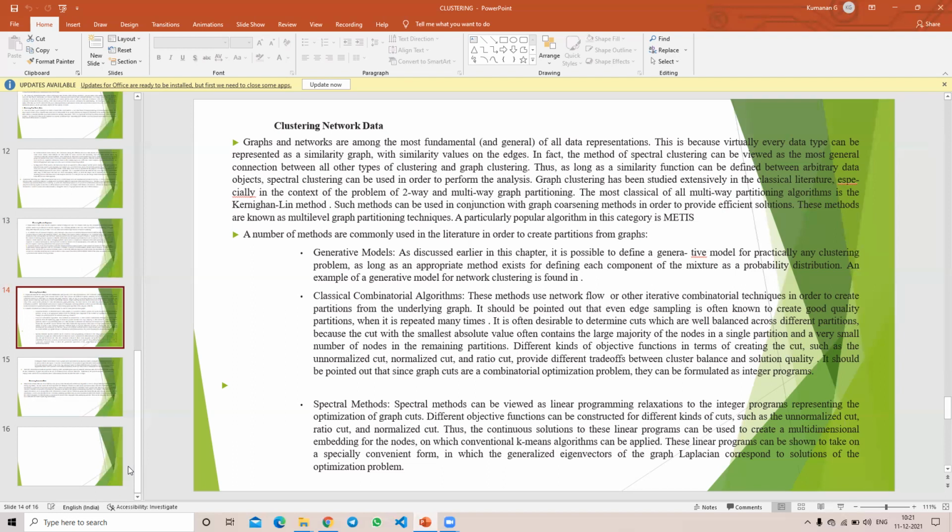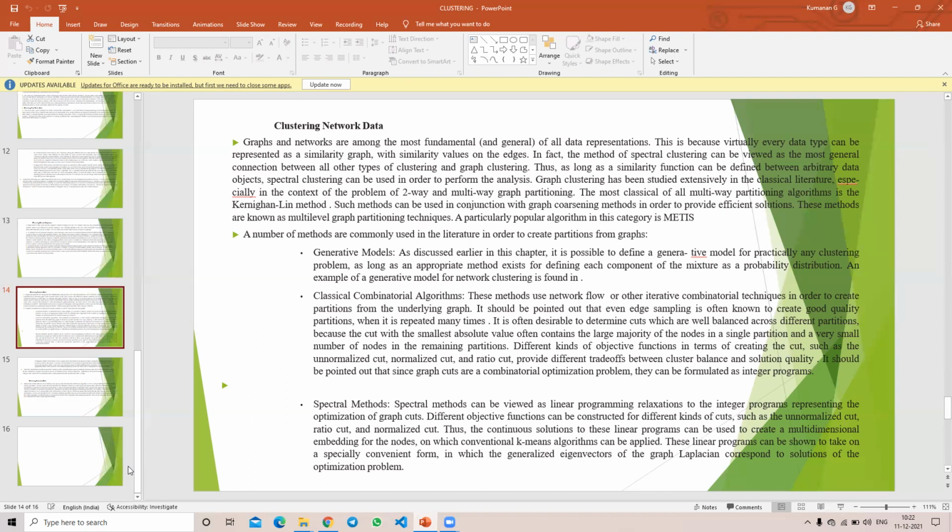Spectral methods. Spectral methods can be viewed as linear programming relaxations to the integer programs, representing the optimization of graph cuts. Different objective functions can be constructed for different kinds of cuts, such as unnormalized cut, ratio cut, and normalized cut.